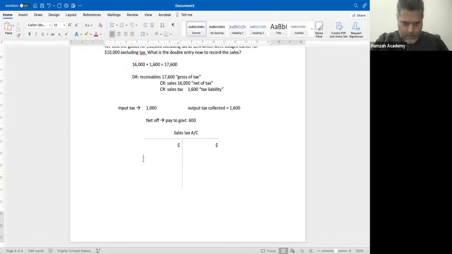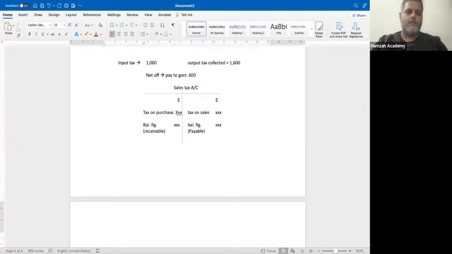The tax on purchase is going to be here, and tax on sales is going to be here, right? And then eventually we will have a balancing figure over here or over here. If we have a balancing figure over here, it means this is receivable. And if it's here, it means it's payable. So this is the sales tax account that we have to make at the end of the day.